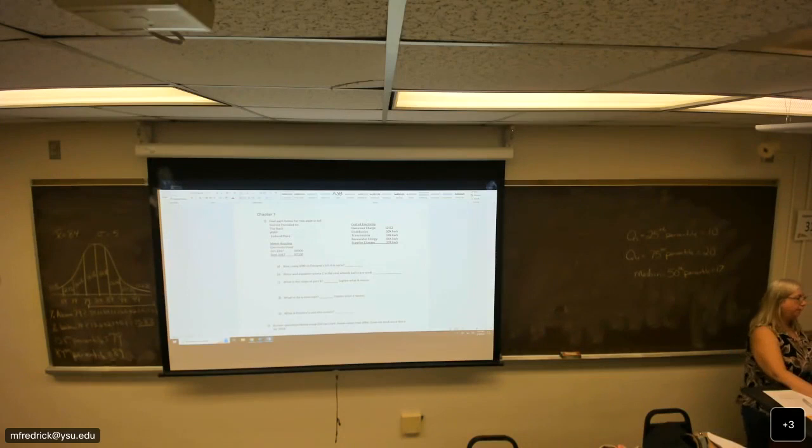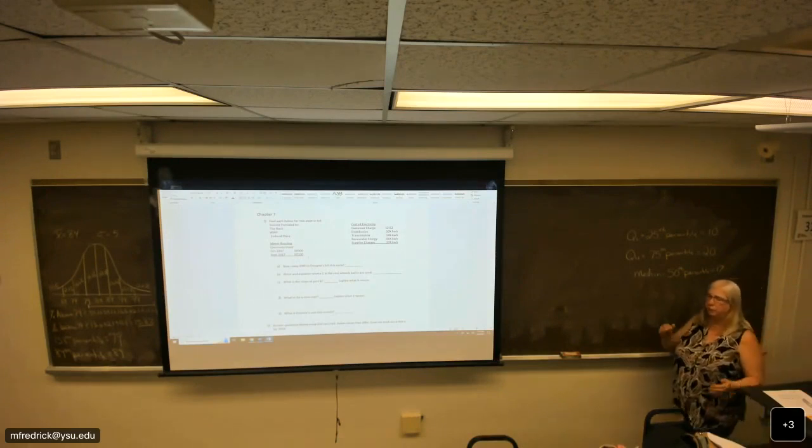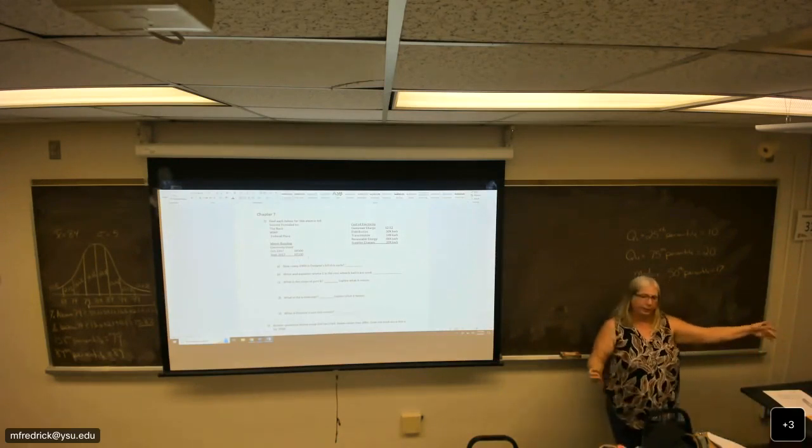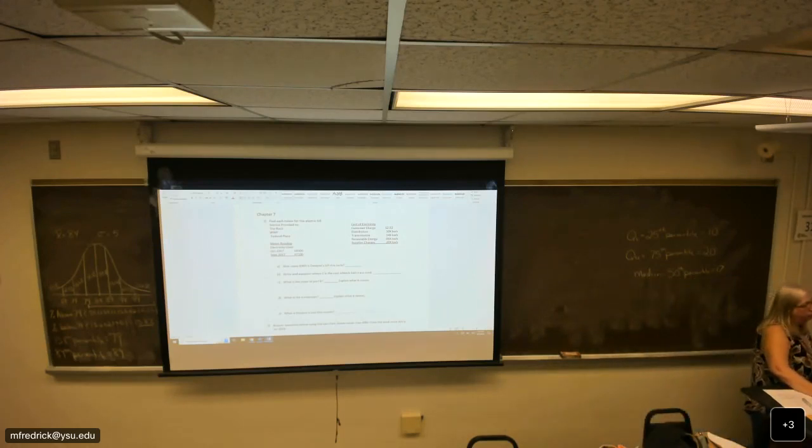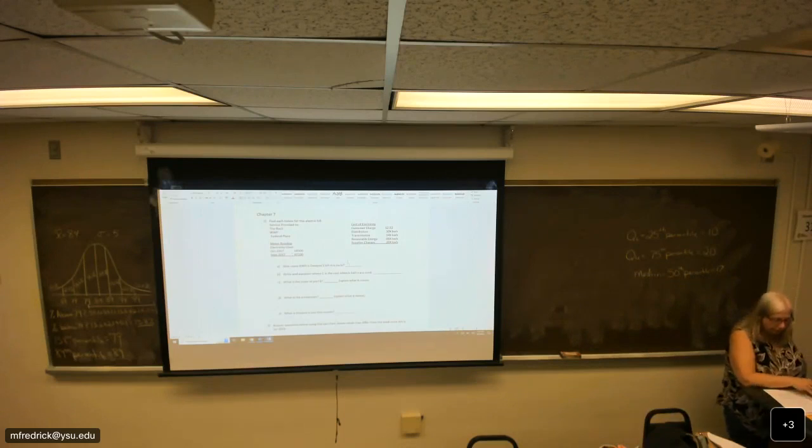So if we want to find out how many kilowatt hours Dwayne's bill is, what do we have to do? Subtract them. Just like you would if you wanted to see how many miles you drove last week, you would subtract what you have now from what you had then. We need to subtract these. When we subtract them, we get 1,400.